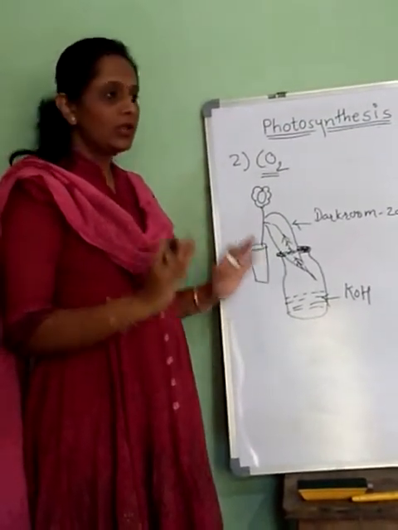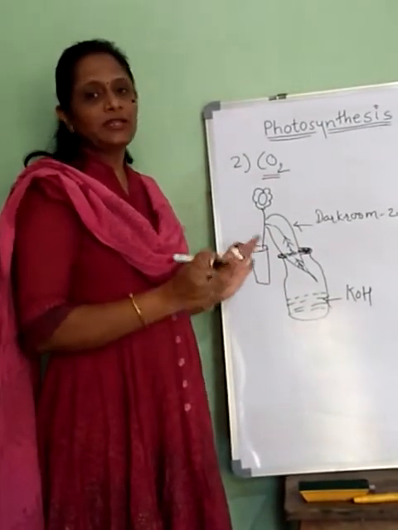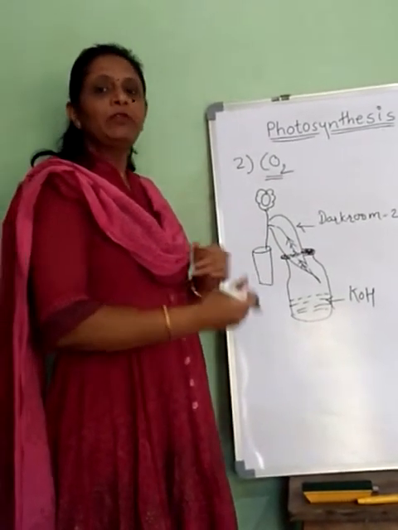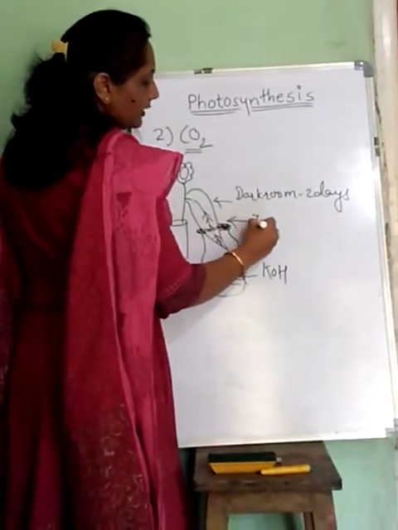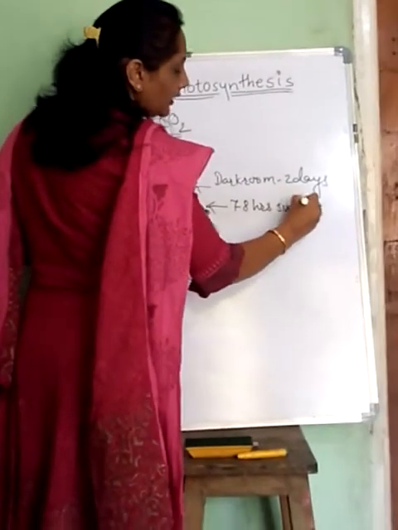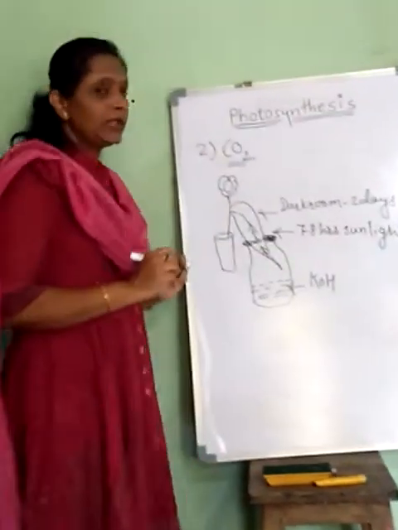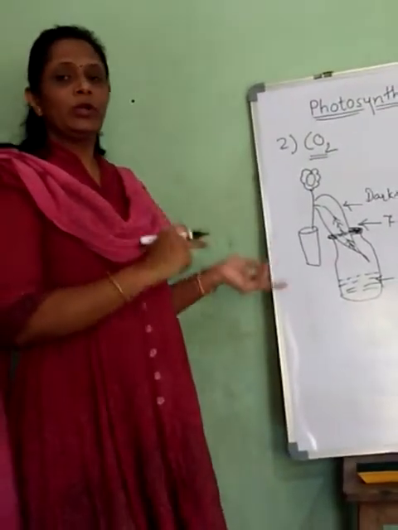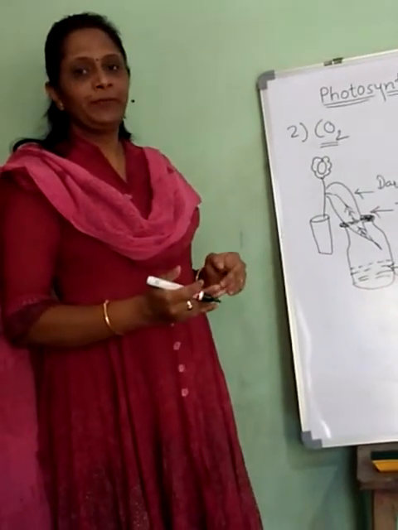After 2 days there is no starch present in the plant. Then we will keep this same arrangement for 7 to 8 hours in the sunlight. So after destarching, we are going to allow the plant to prepare the starch again.